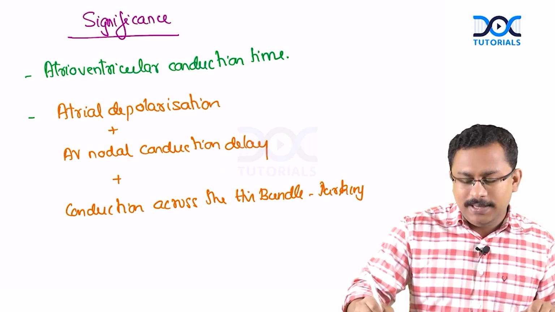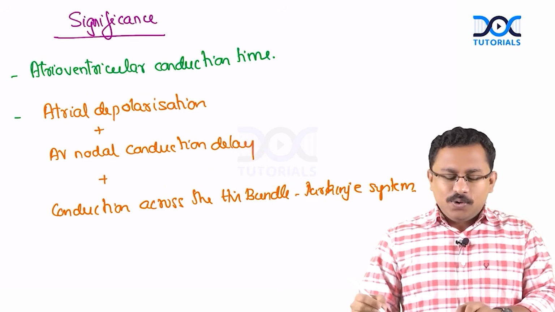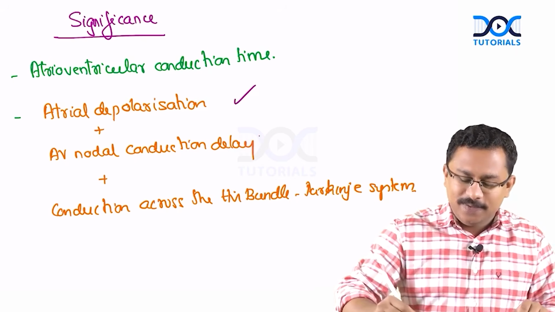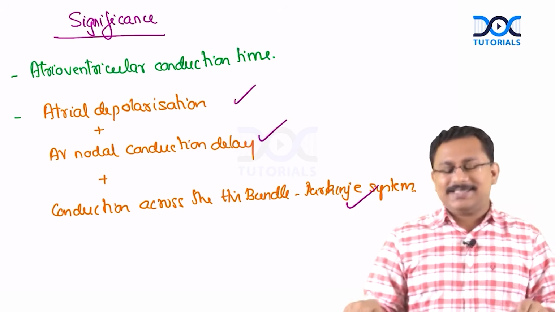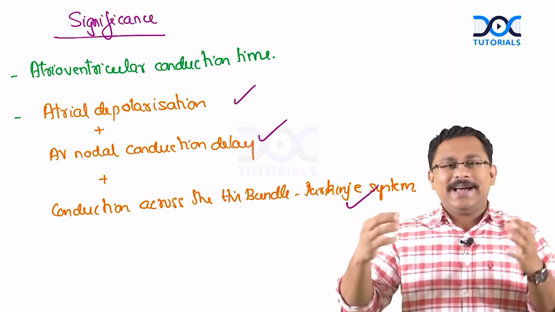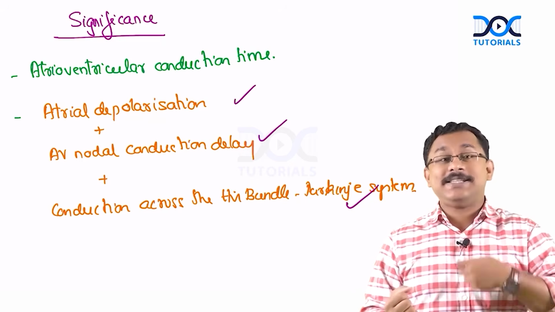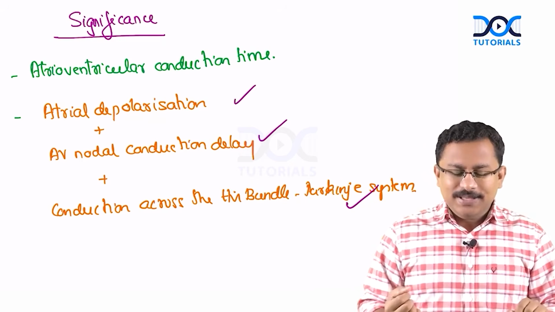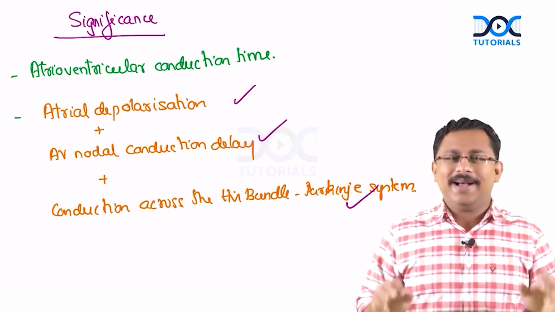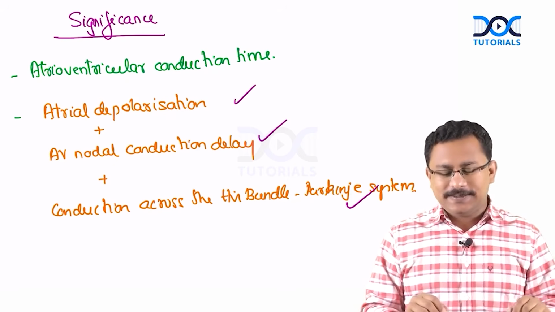This total time is what matters, because it is after conduction through the His bundle Purkinje system that ventricular depolarization begins. That is called the PR interval. I hope you have understood what the PR interval signifies.